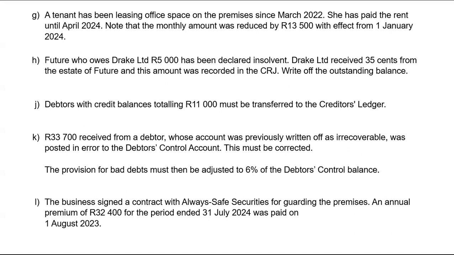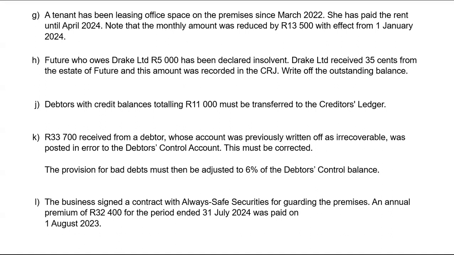Key dates here are the beginning of the year, the end of the financial year, the 1st of January, and we need to include 2 months outside the financial year, which is March 2024 as well as April 2024. Those are the key dates that you need to put in your number line.